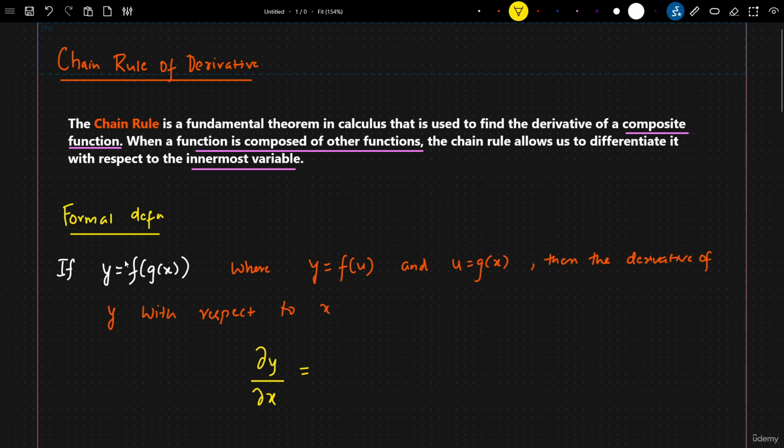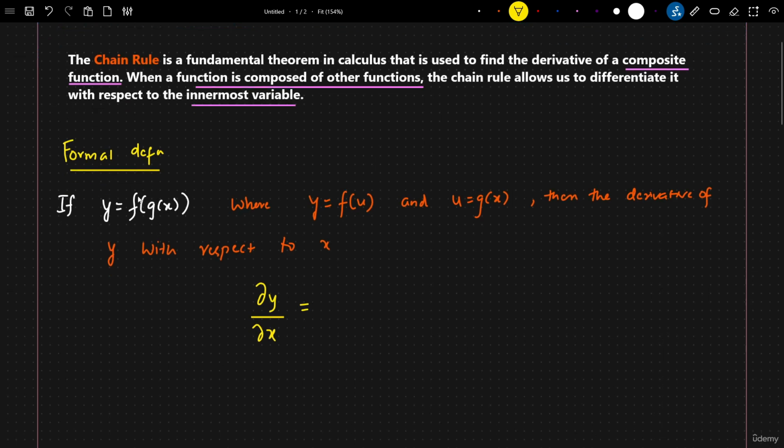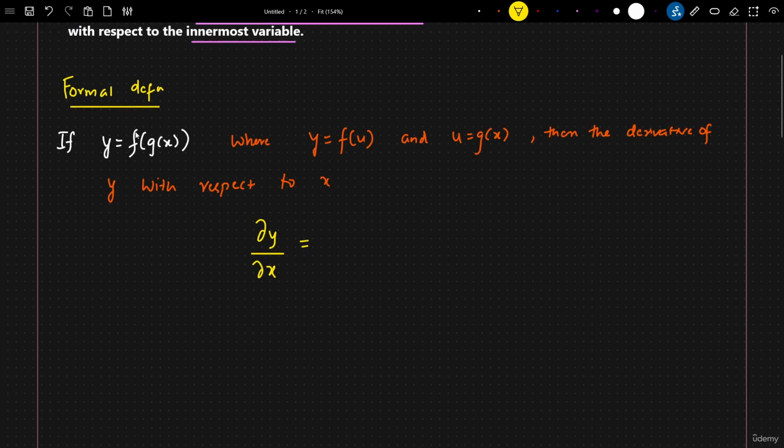Now, since I have a composite function, the first derivative I am going to find is with respect to the outer function. The outer function is nothing but f of g of x, right? So I have to find the derivative of this f function. So I will write derivative of f divided by derivative of u. Right?